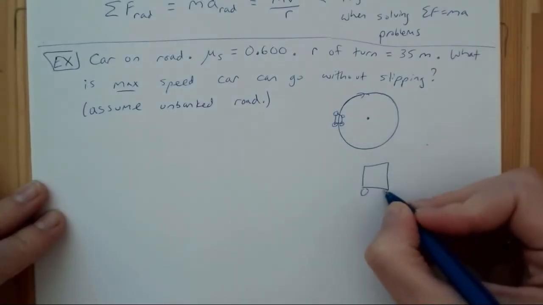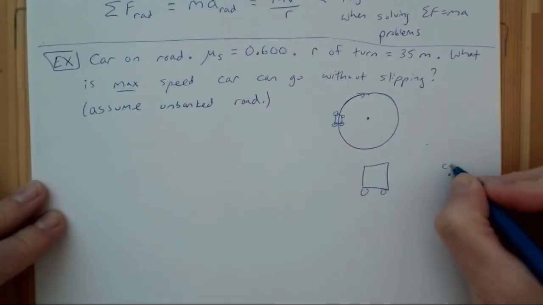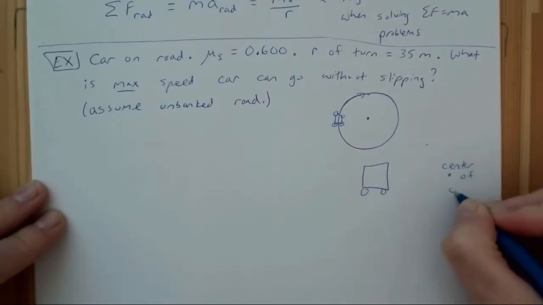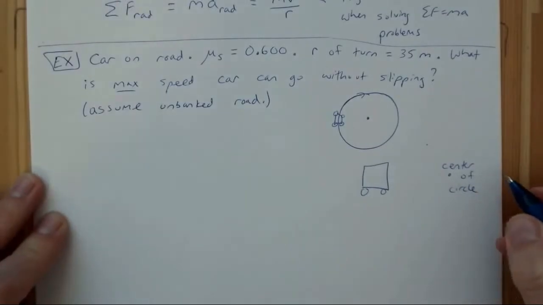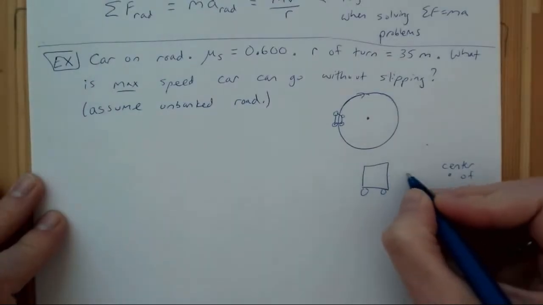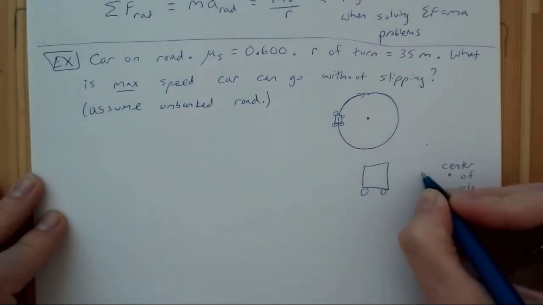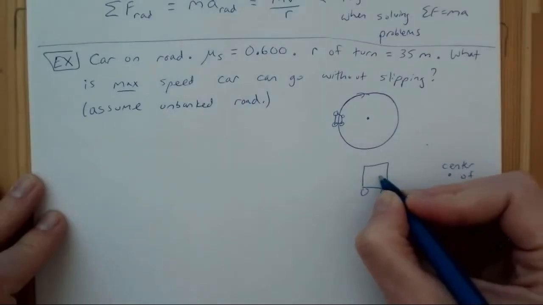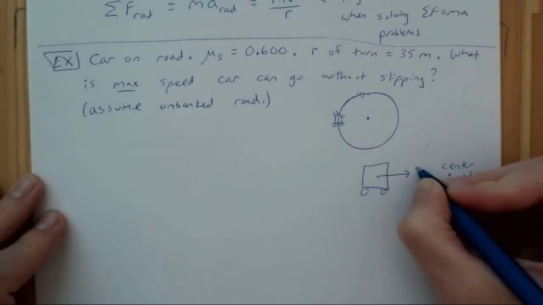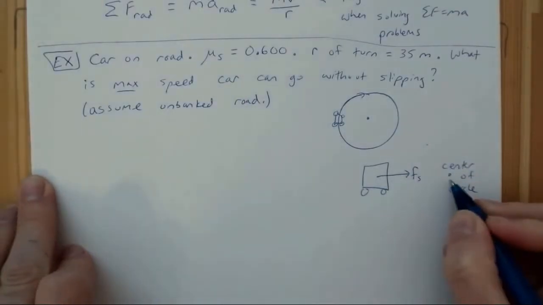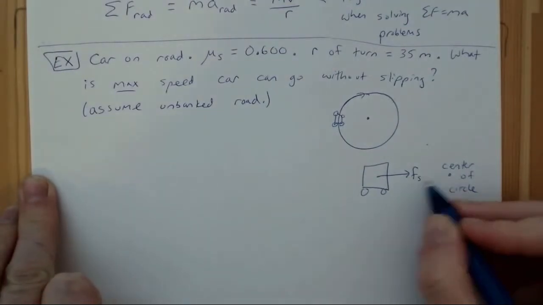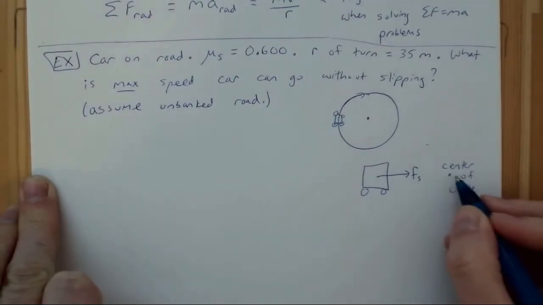Here's the back of the car basically. Here would be my center of the circle over here, which means that that's going to be the direction of the acceleration. So that has to be the direction of the force of static friction acting on the car, because that's what's keeping it going in a circle.